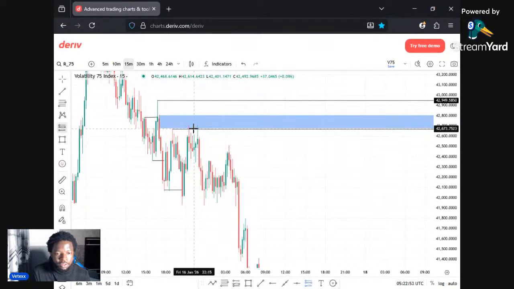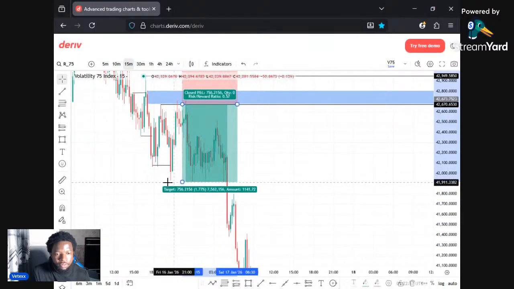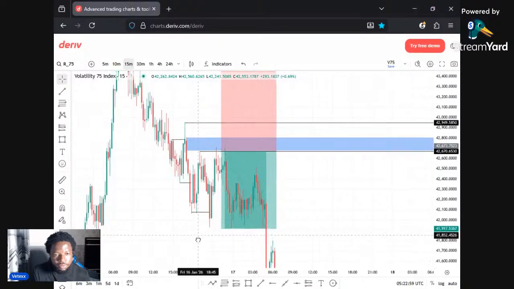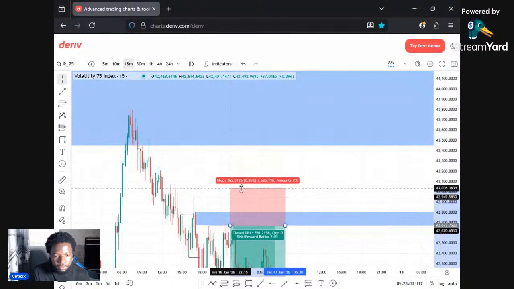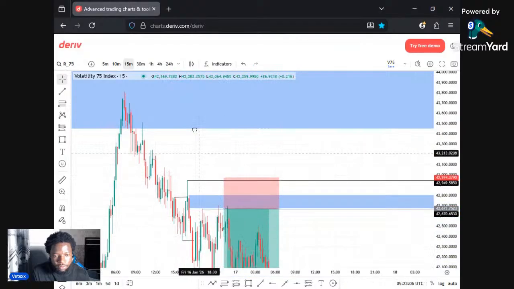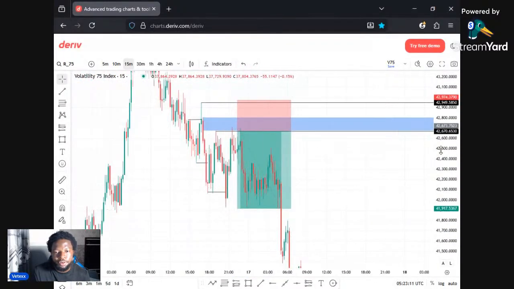You can see. So price gave us a continuation on the 15 minutes time frame.